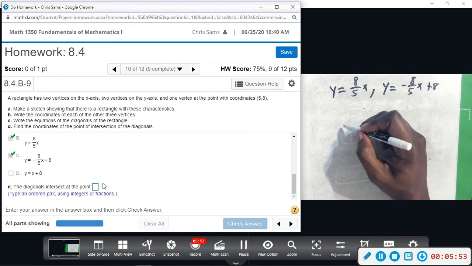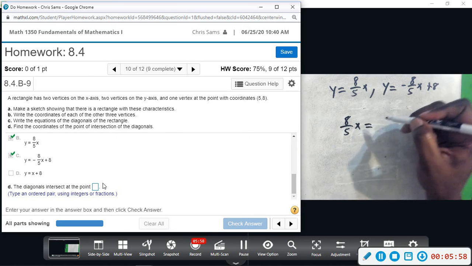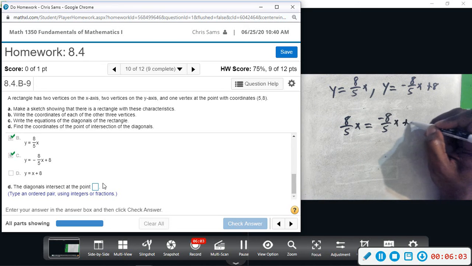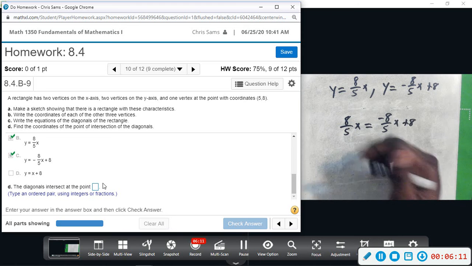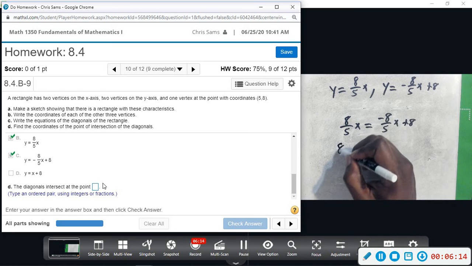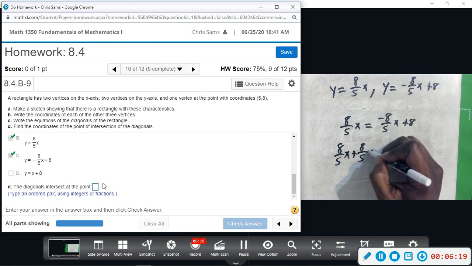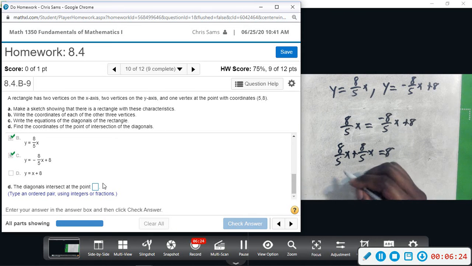If we set these two equal to each other, we can solve for x. If I move this over, we'll just be adding these two: 8 over 5x plus 8 over 5x equals 8. Same denominator, so we can add these, which gives 16 over 5x equals 8.